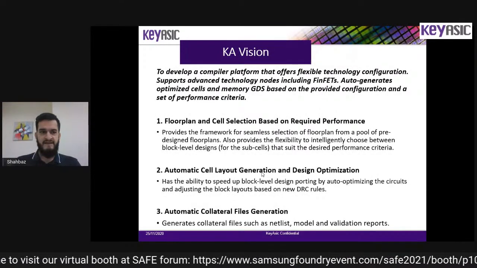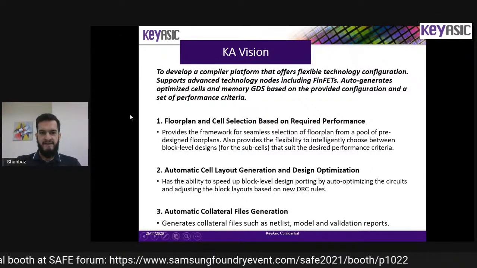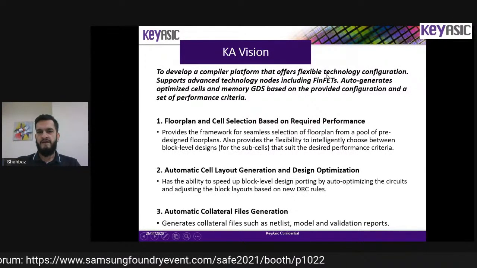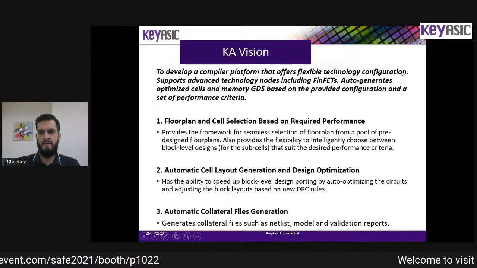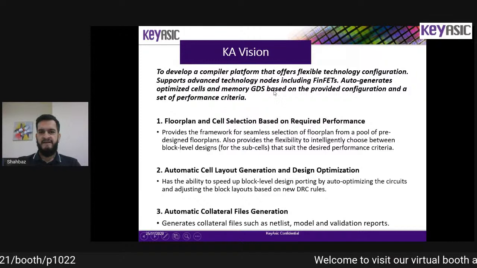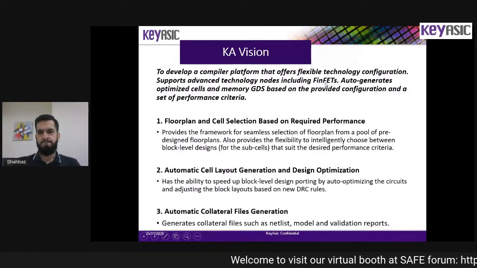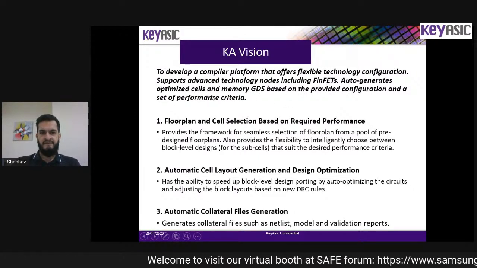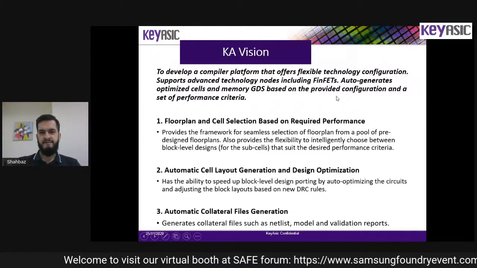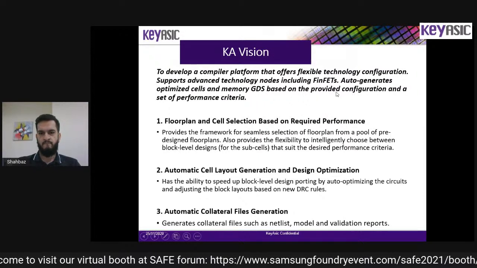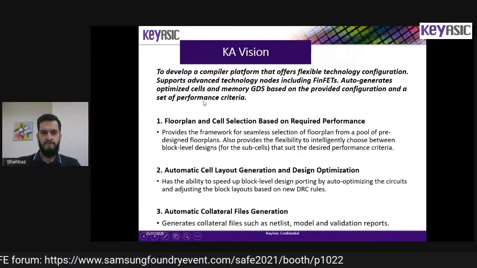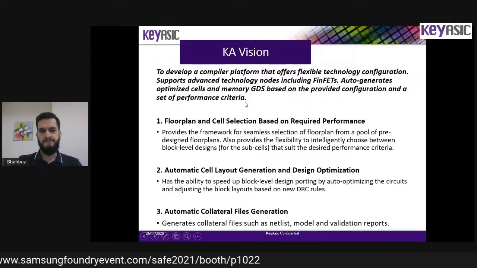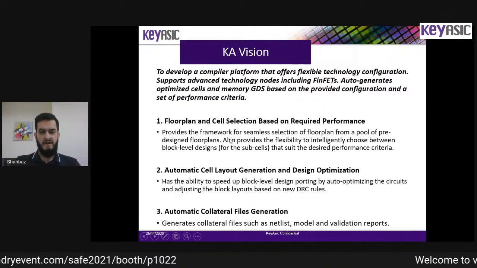So the vision that Key ASIC has, like I mentioned, is to develop a compiler platform that offers flexible technology configuration, first of all, right? Supports advanced technology nodes, including FinFETs, right? And generates optimized cell and memory GDS based on the provided configuration, which of course comes from the user, and also a set of performance criteria, again, which comes from the user, right?